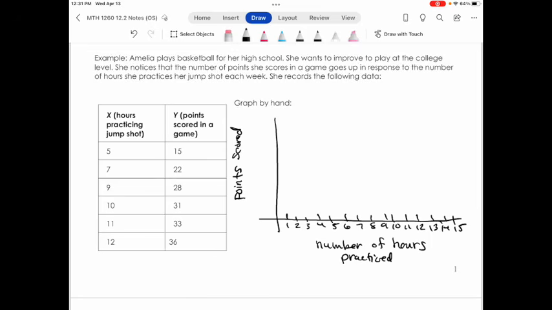Now, for the points scored, my lowest value looks like 15, and my highest value is 36. So I'm going to graph this from 0 to 40, and I'll go by fives.